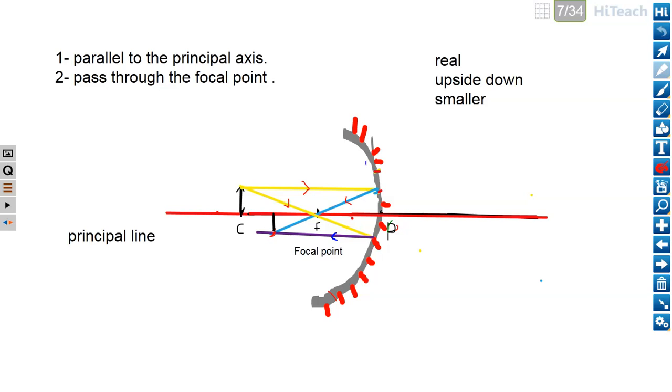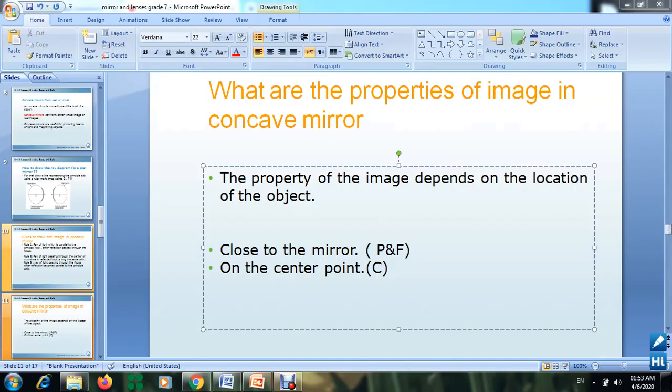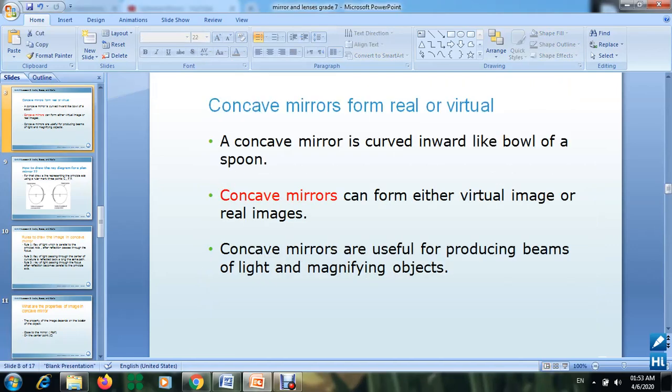I want to remind you, in the first lesson we were talking about concave mirrors. We said concave mirrors are useful for producing beams of light. What does that mean?